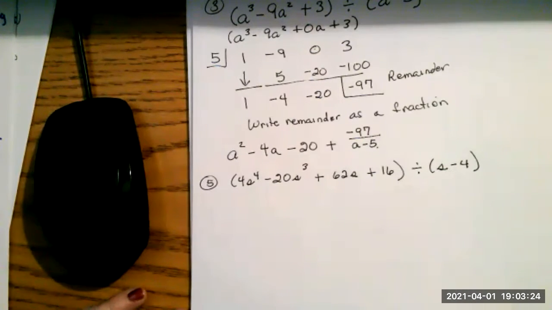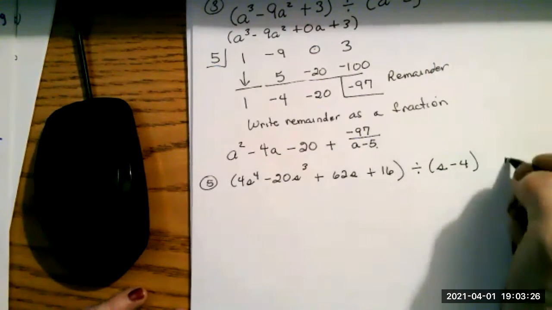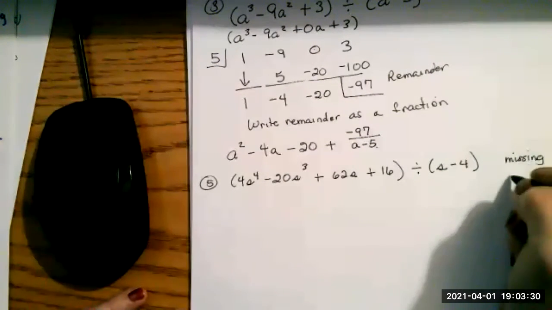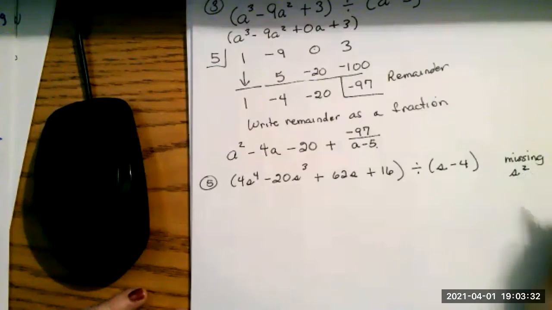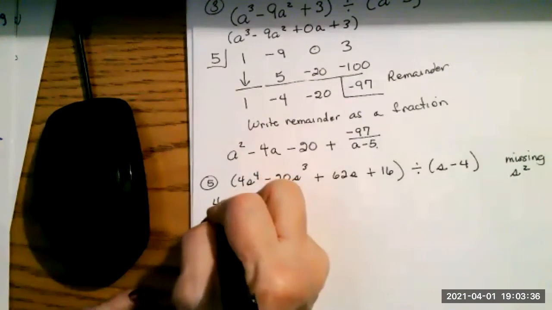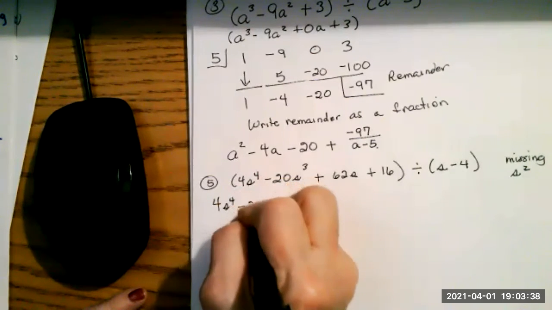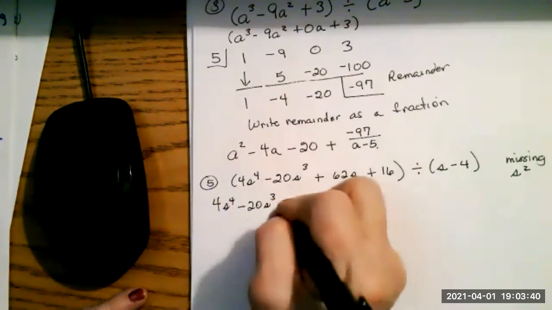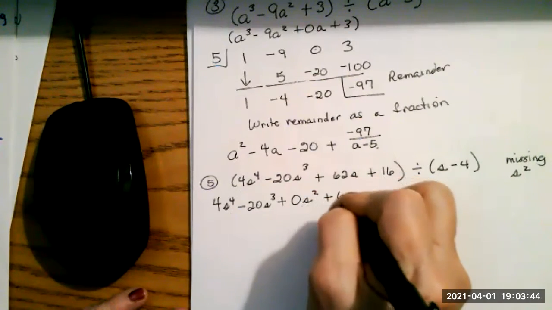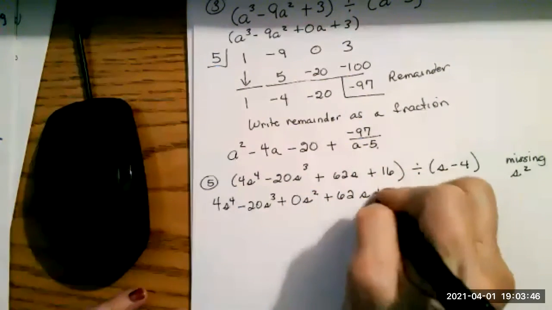And it looks like we do have a term missing. What's missing? S squared. It's missing an s squared. So we'll have to put it in there. 4s to the 4th minus 20s to the 3rd plus 0s to the 2nd plus 62s plus 16.